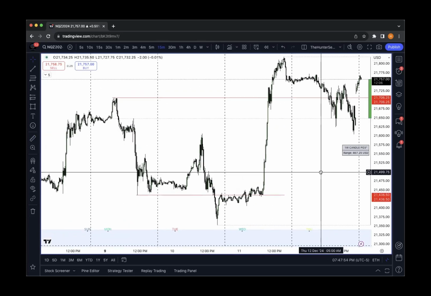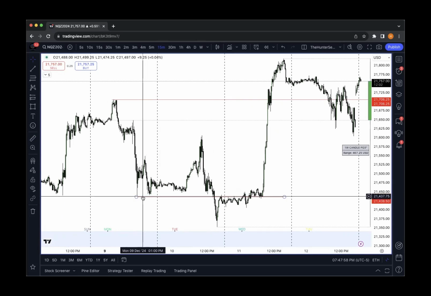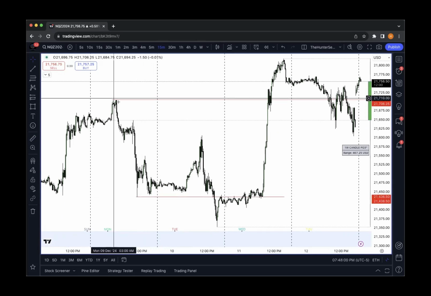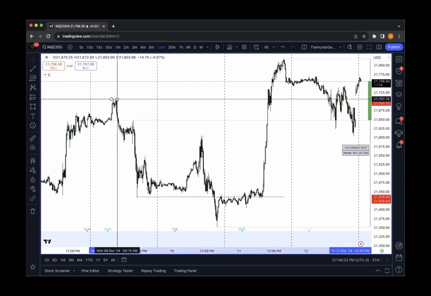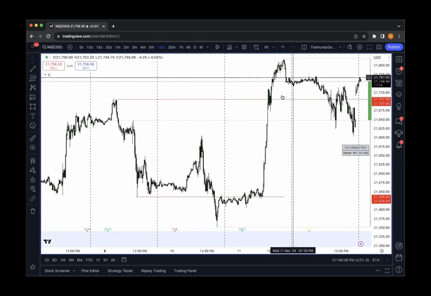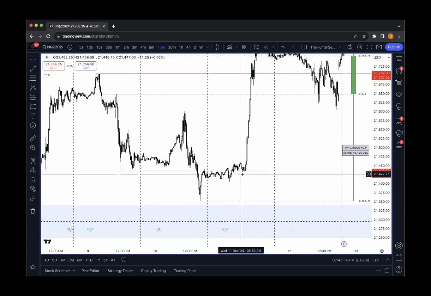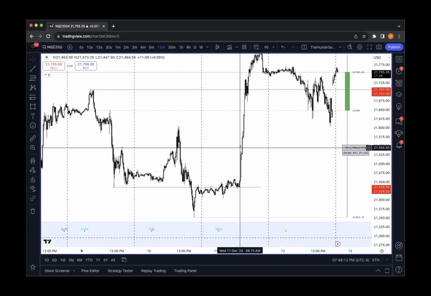So what I'm doing is looking for directional order flow below the initial sell side and above the initial buy side, right? Depending on what gets hit first, one of them will become a target. And like I said, I don't trade CPI, so catching this move was kind of tough.